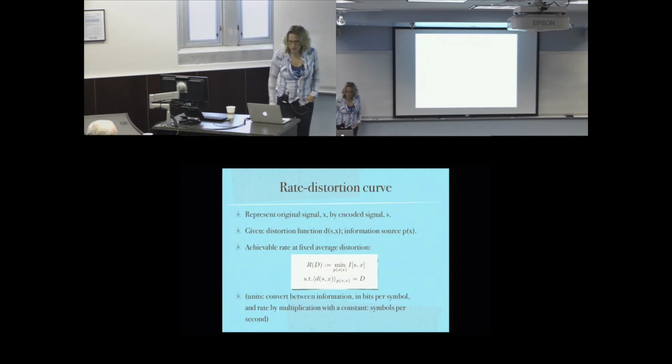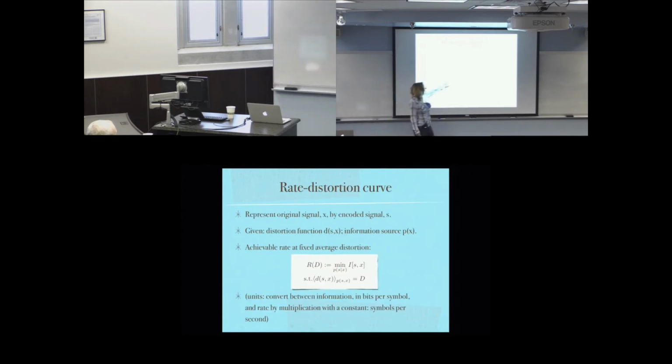And so he defined this information rate in this way. It's the smallest rate you can achieve if you vary the representation. When the source is given, you can vary the encoding and the decoding scheme, right? So it's the smallest achievable rate under a fixed level of distortion that you are willing to encounter.